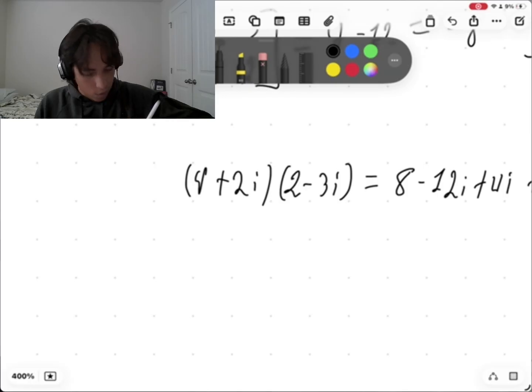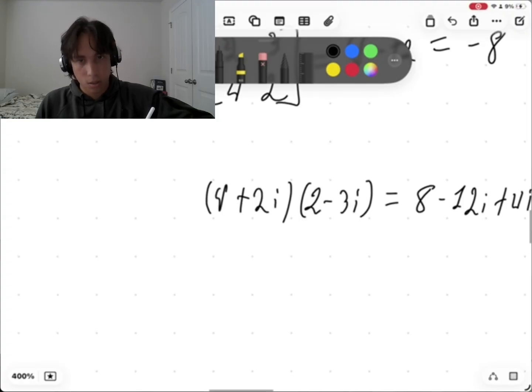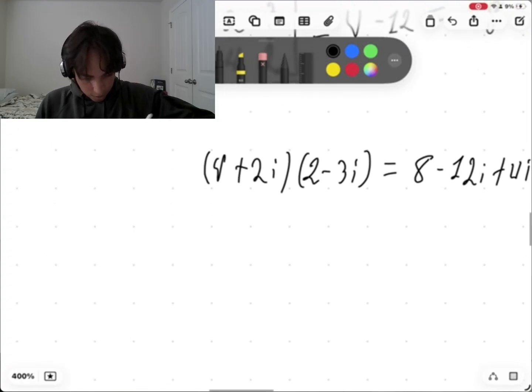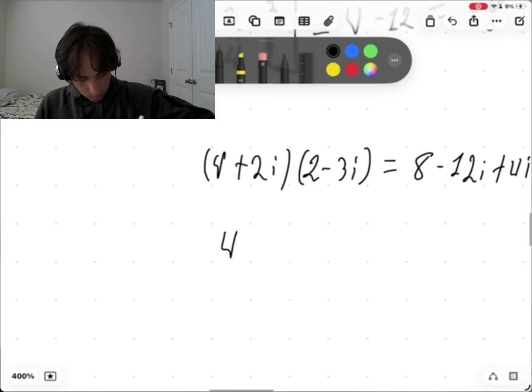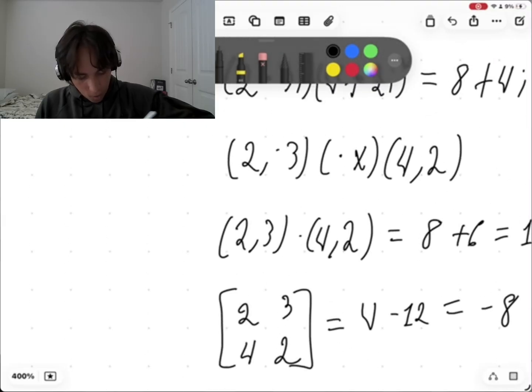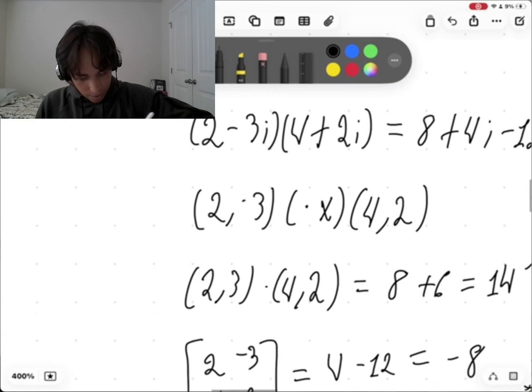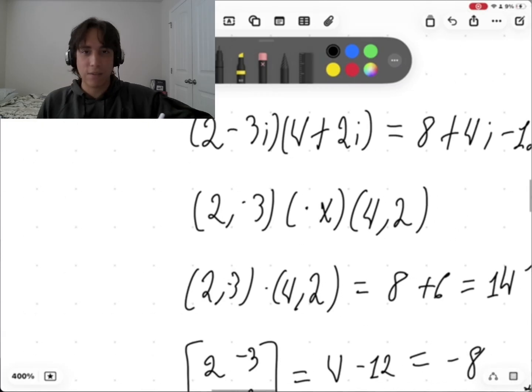And I want to see if the flip side also works with the cross product. Let me check. So we got 4, 2, 2, negative 3. Hold on. Oh, I did it wrong again. Oh my goodness. Never mind.